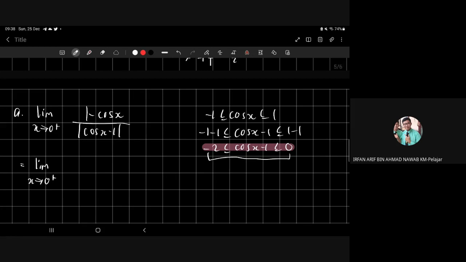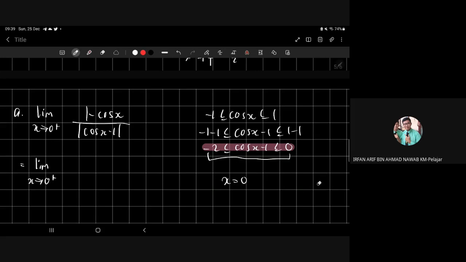So it's cosine of x, right? Let me check that. When will it be 0? Okay, so cosine of x is 0. When x is 0, cosine of x will be 1.